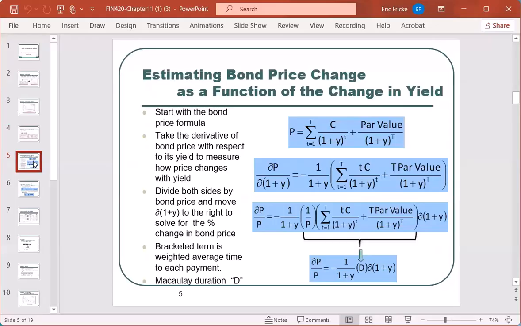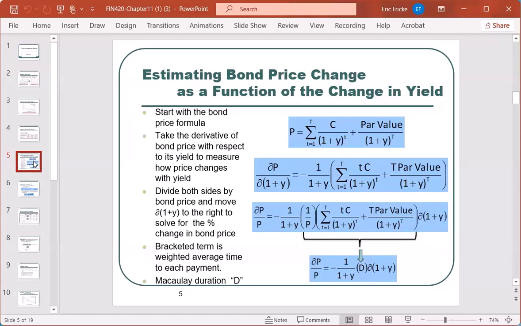I'm just going to go over this slide fairly quickly because I realize it's a little scary looking. But let me explain what's going on behind the scenes. We want to be able to measure how bond prices change when interest rates change.